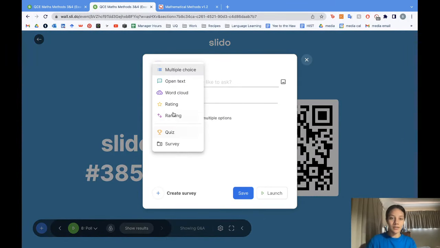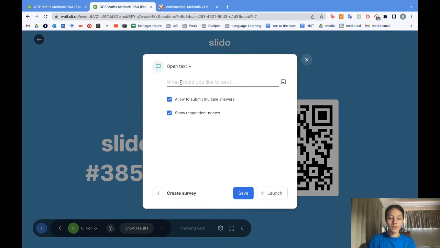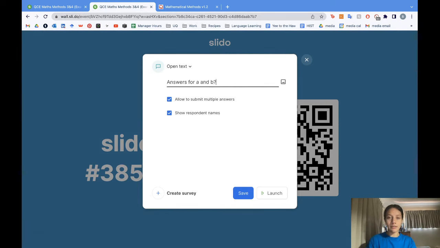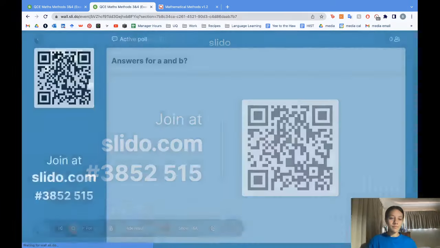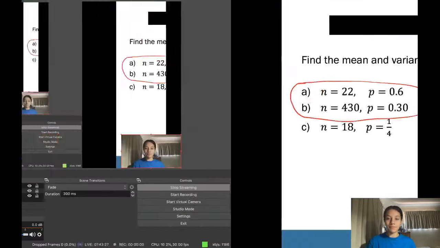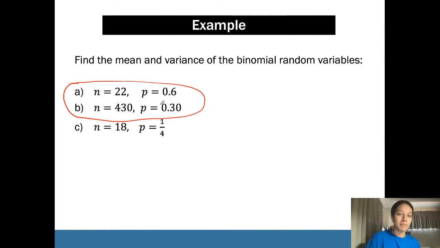So hopefully this is just some quick revision. Answers for A. Check that up for you. And that's A and B there. So I'll give you a minute or 2.